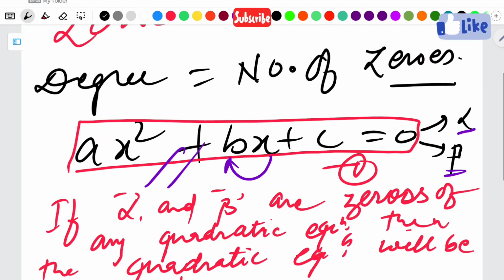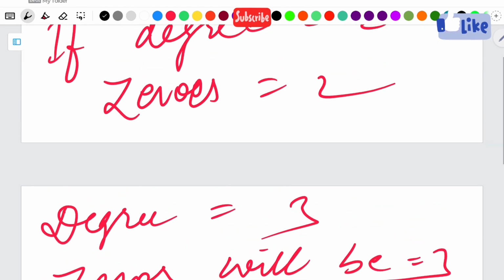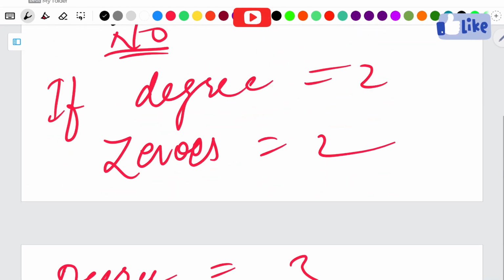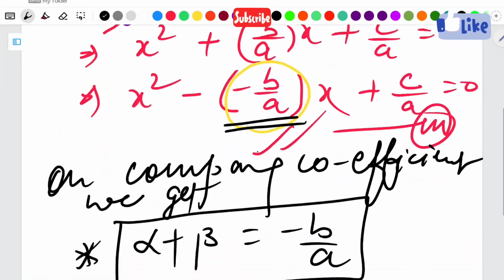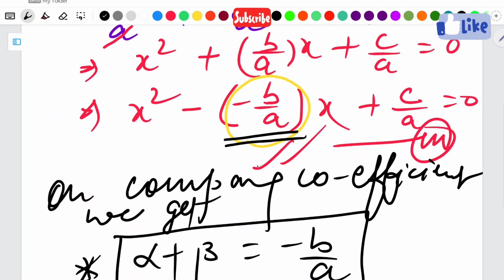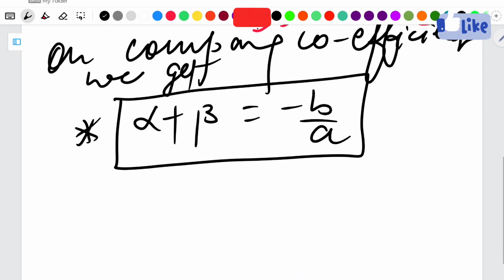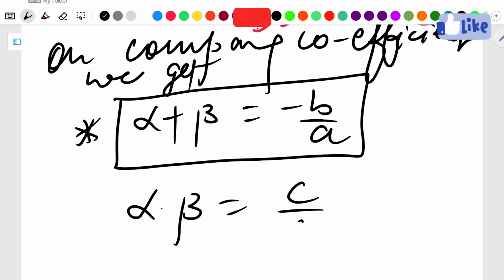Now see, this one is free from variables. Which one? Let's see this one. So this is free from variables, alpha into beta. Okay, now see, at last, this is also free from variables. So what we are getting? Constant term will also be equal to each other. That is alpha into beta is equal to c by a.